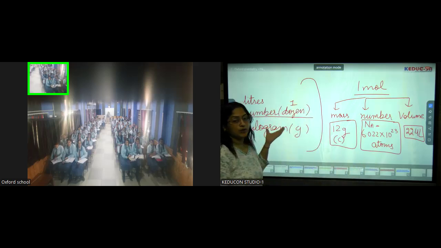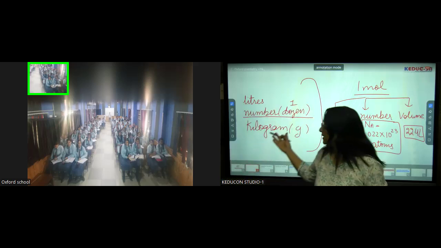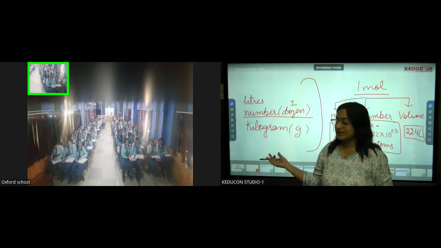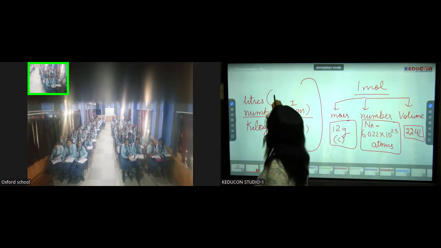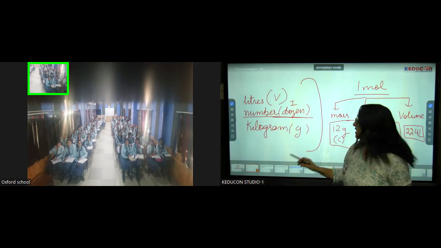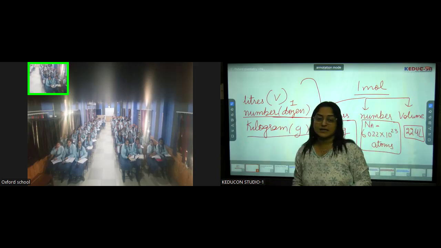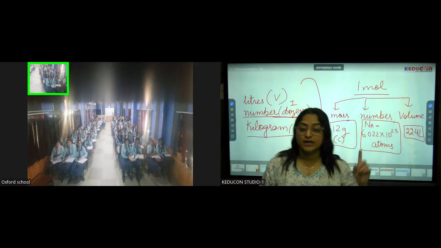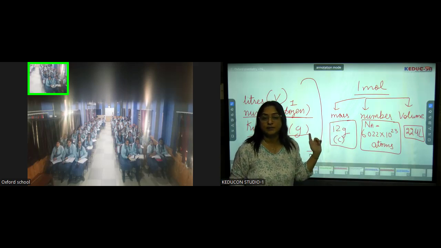These are the ways in which we get things for the microscopic particles. We get milk in liters, we get bananas in number, dozen, and we get rice in kgs, kilograms. But we cannot do the same for microscopic particles.